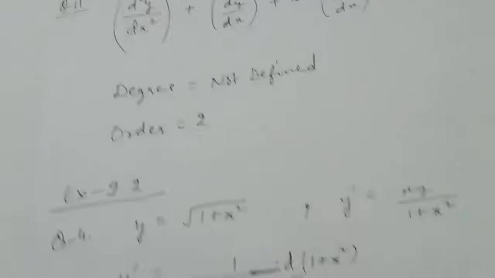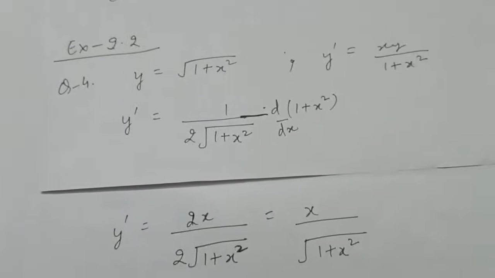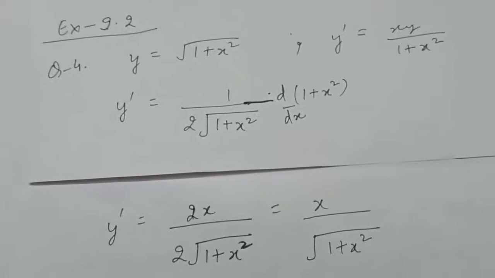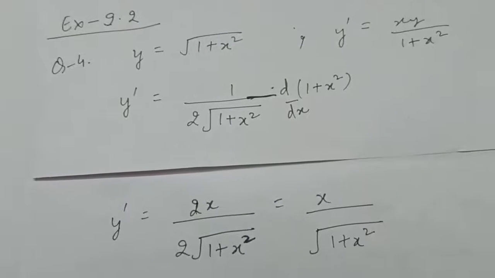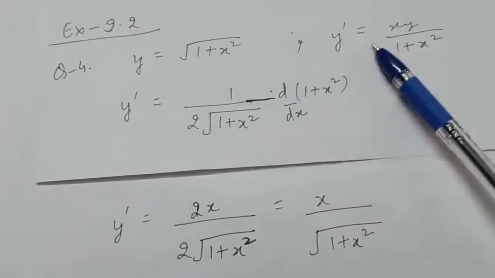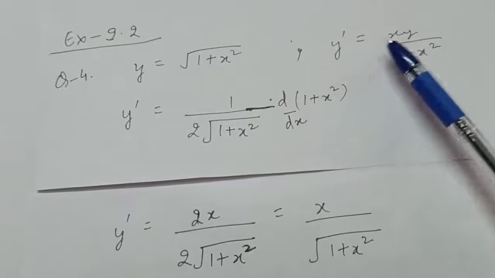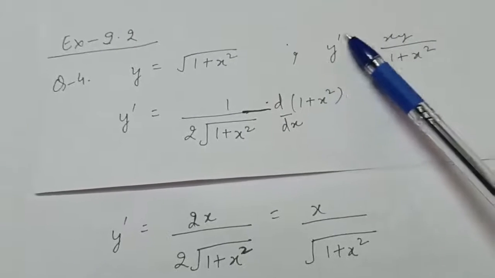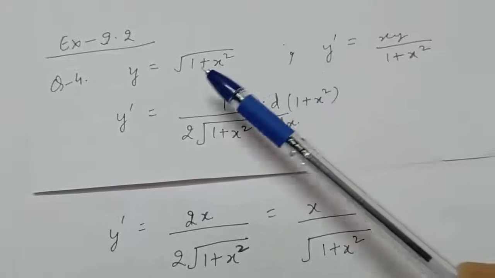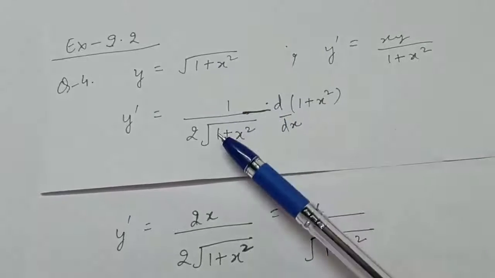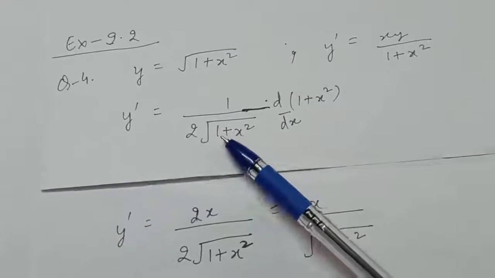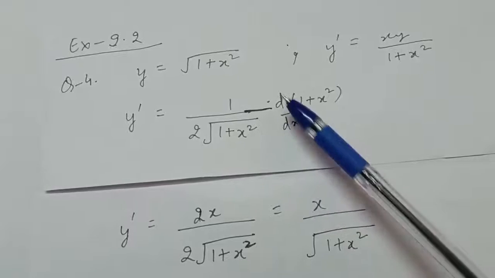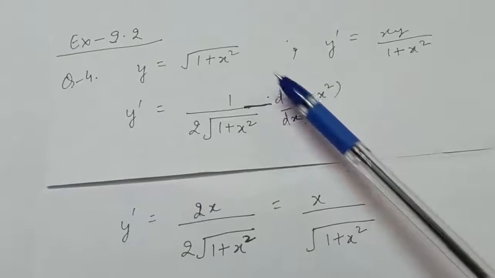Now exercise 9.2 question number 4. The function is given in the question and we have to check if it is the solution of the given differential equation or not. In this differential equation we can see y dash is here. So first of all find the derivative of this function, which is 1 upon 2 root 1 plus x square into the derivative of the term inside the root.